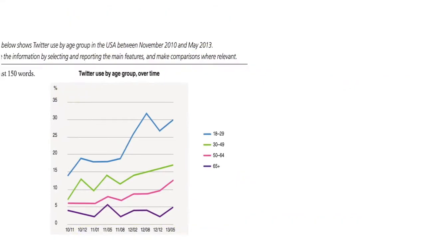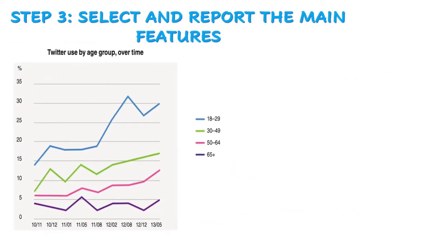I'm going to move on to the next step, which is select and report the main features, right? So these are your three missions. Summarize the data, report the main features, and we'll get to comparison in a second. Now, what I can notice is that all of the age groups started from a lower percentage of users and ended up with a higher percentage of users.